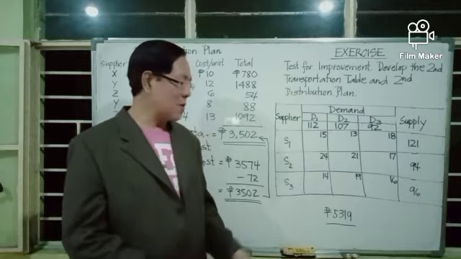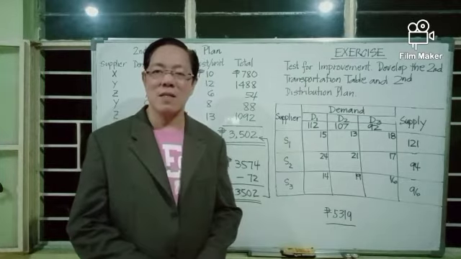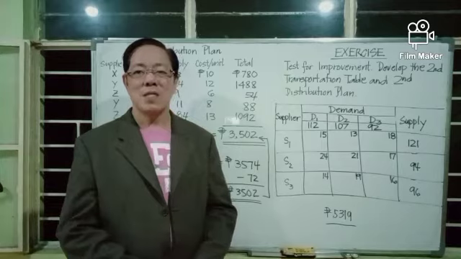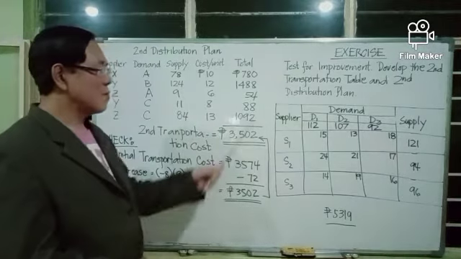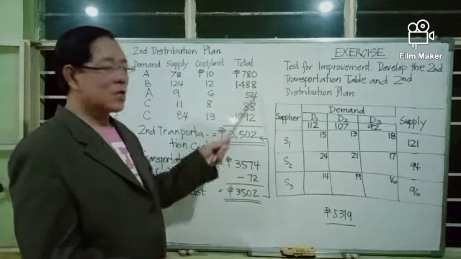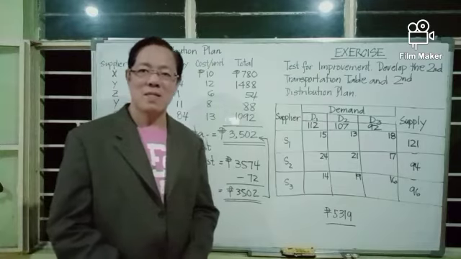And the product you subtract from 5,319, and you should get the second transportation cost, which you will get from obtaining the total or the sum of the last column of the second distribution plan.